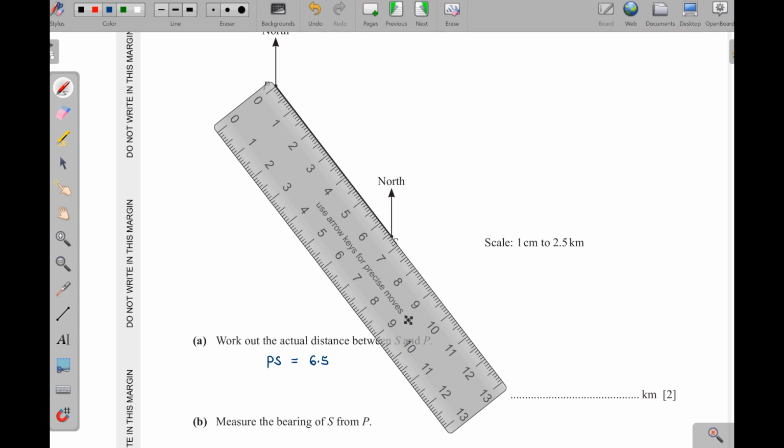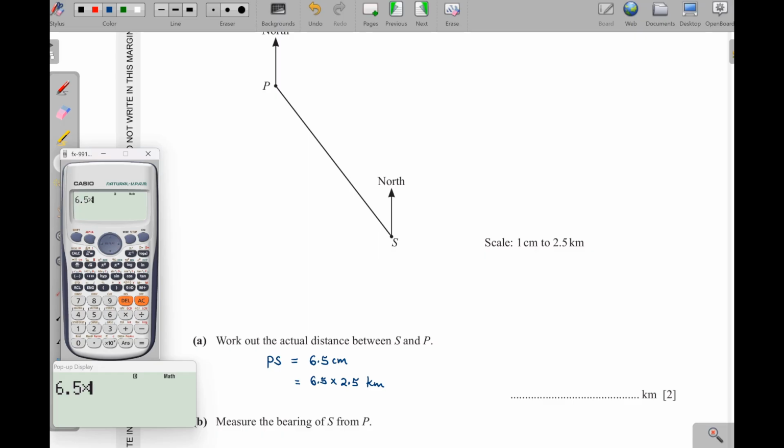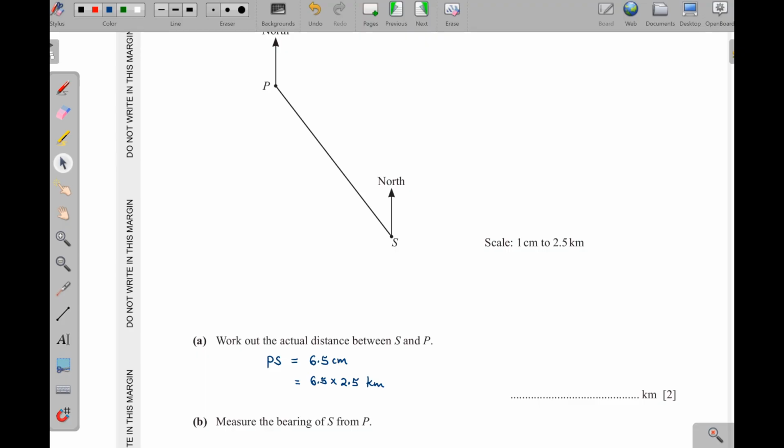So you write what you have gotten, but these are centimeters, then we shall get the 6.5 times the 2.5, then this one will be in what? Kilometers. 6.5 times 2.5, that is 16.25.